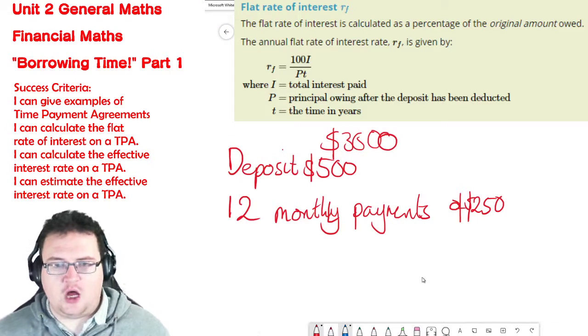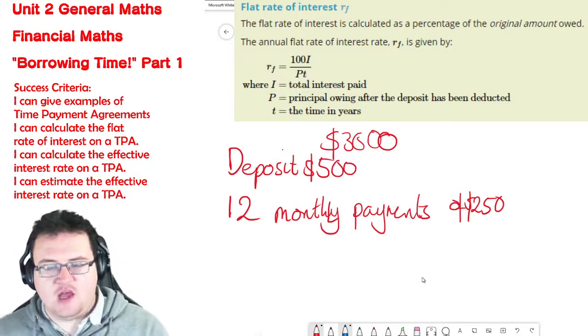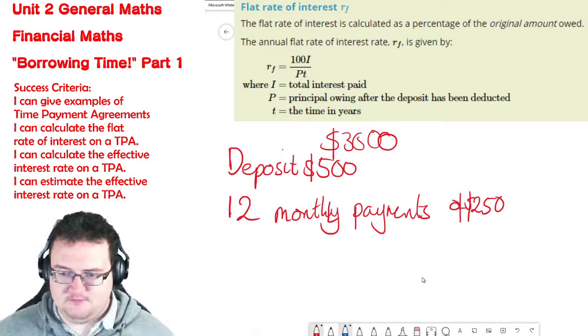So it's a $3,000 computer. I pay $500 now, and then for 12 months, every month I send them $250.